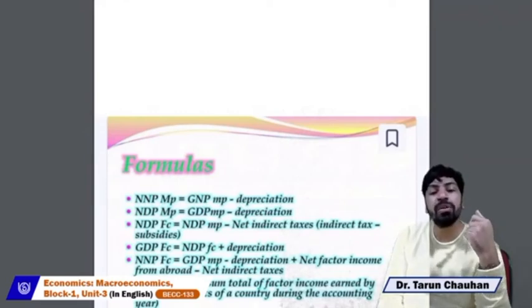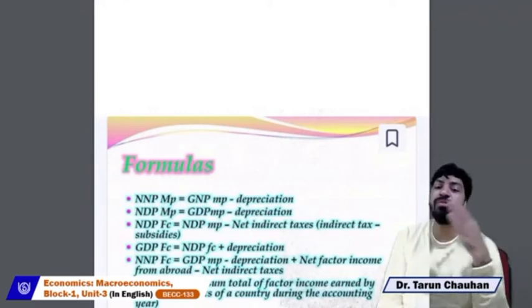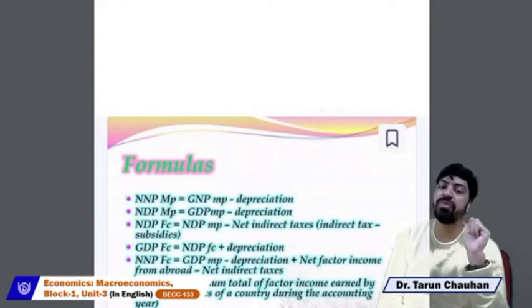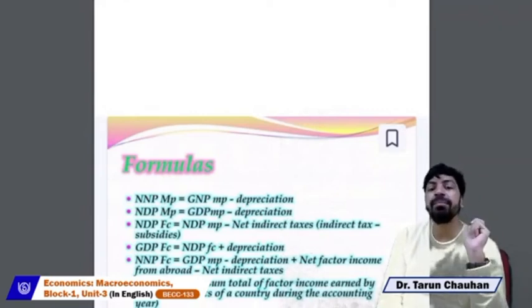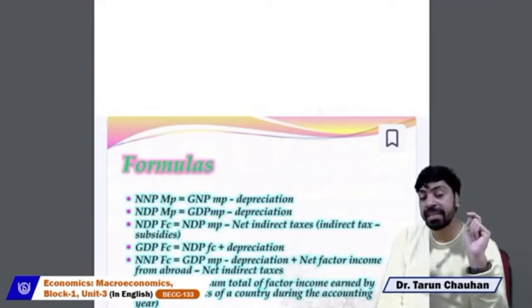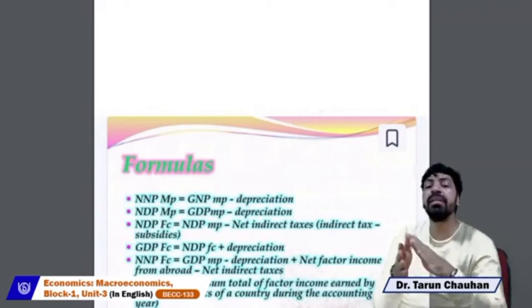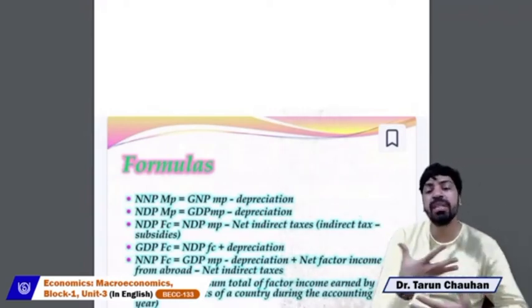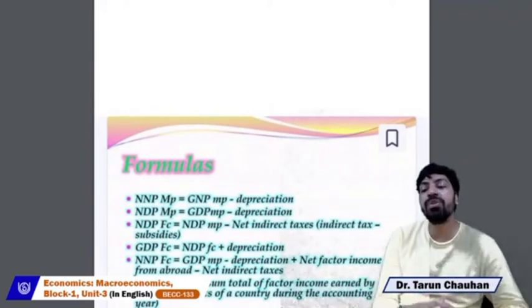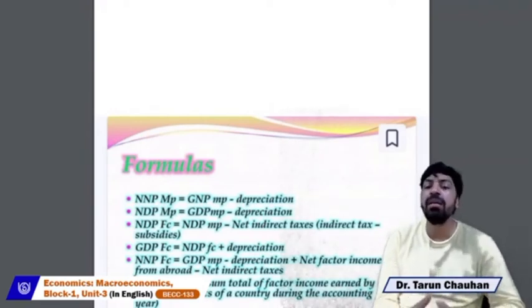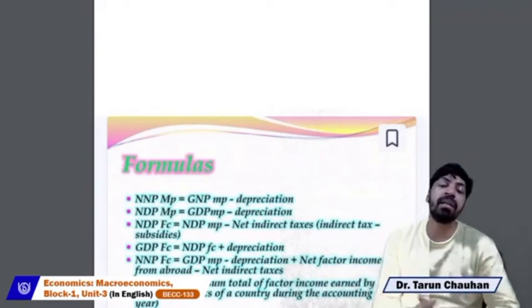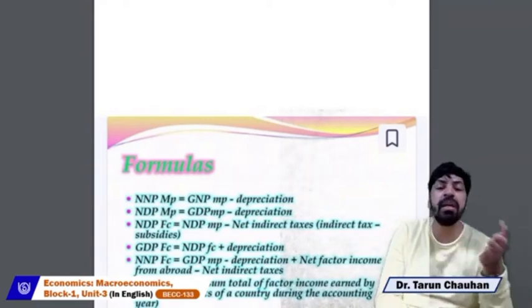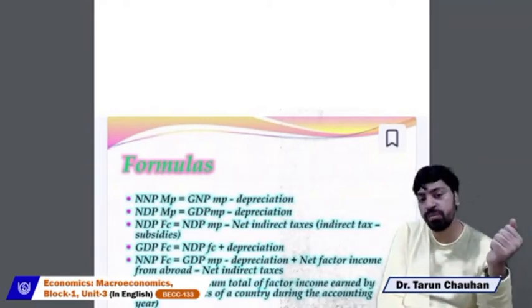That is the key of the formulas, how you use these terms and how you apply them in a numerical question. So these are the tricks that will be used.